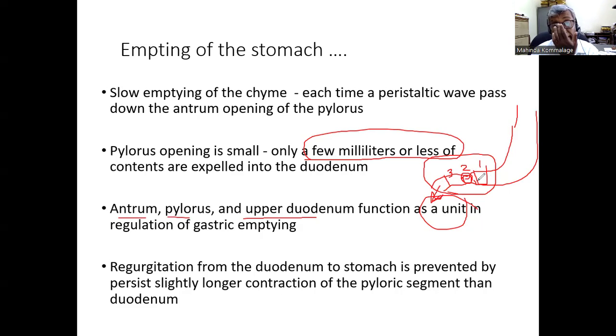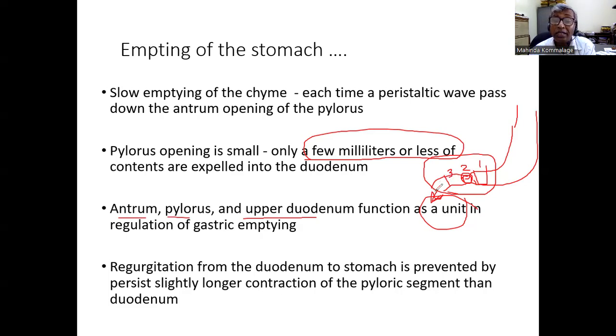Right? So I will explain it again. This is the antrum, part of the stomach. This is the pylorus, the pyloric sphincter, and this is the upper part of the duodenum. One, two, three. So these three parts will act as one unit. That means coordinated action, and contraction will push chyme to the duodenum. The last part, the duodenum, will stay contracted for a longer period than these two.